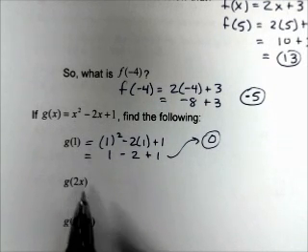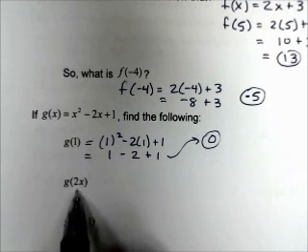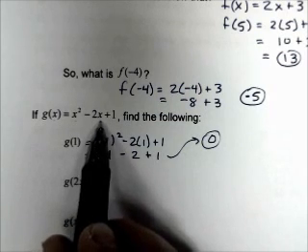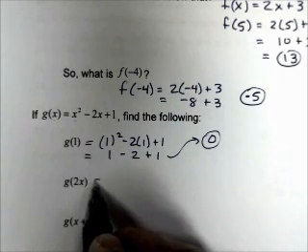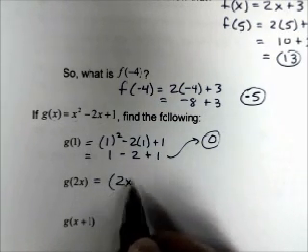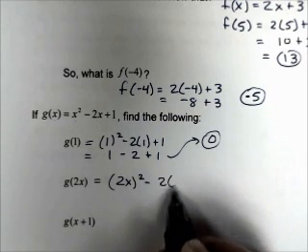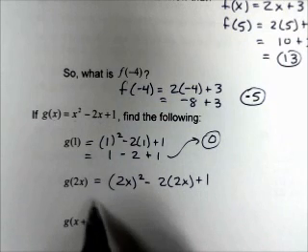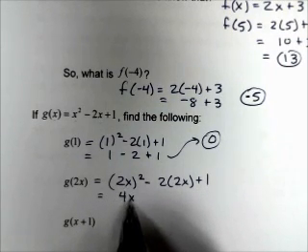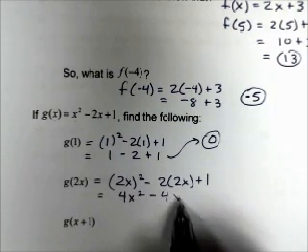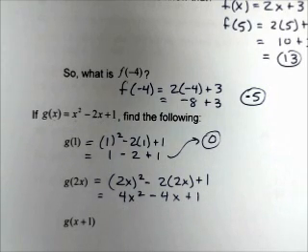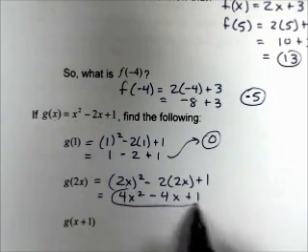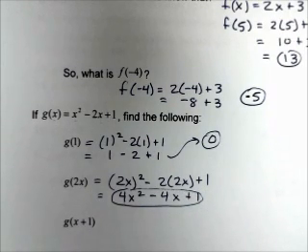G of 2x. We're taking each x from above and replacing it with 2x. So we have 2x squared minus 2 times 2x plus 1. 4x squared minus 4x plus 1. Cannot combine any more like terms, so this is complete.